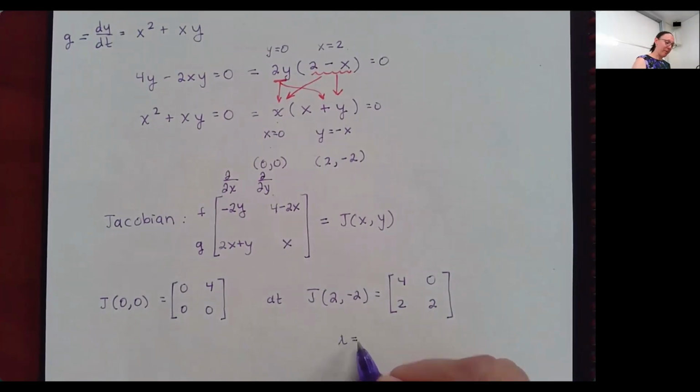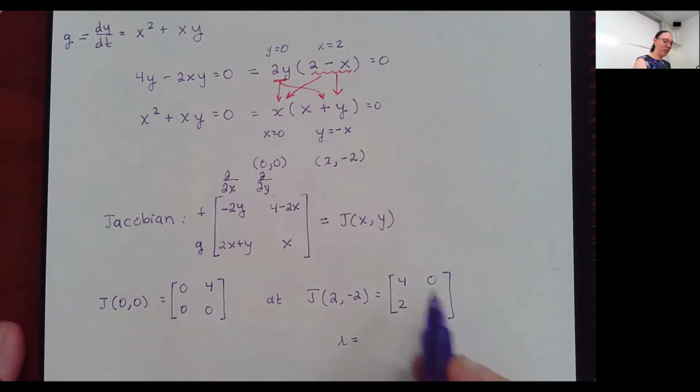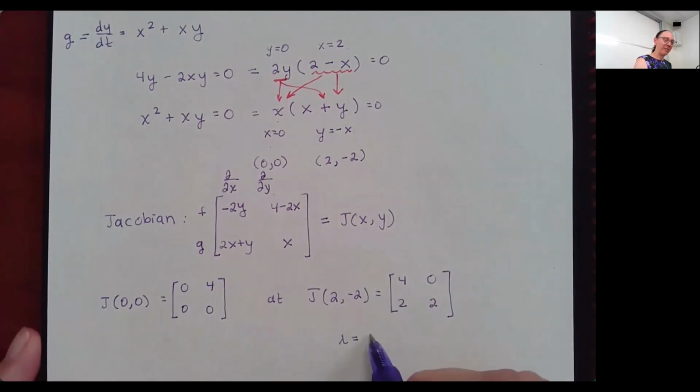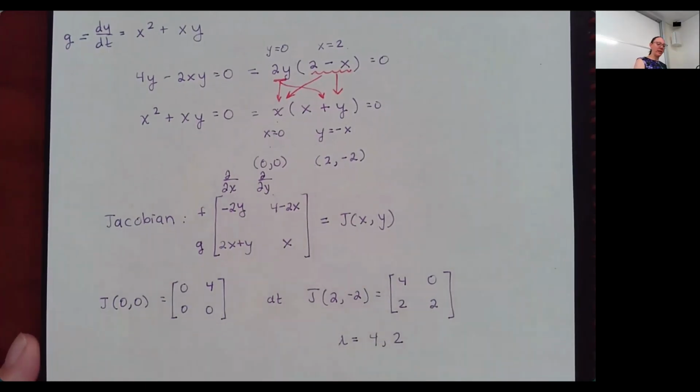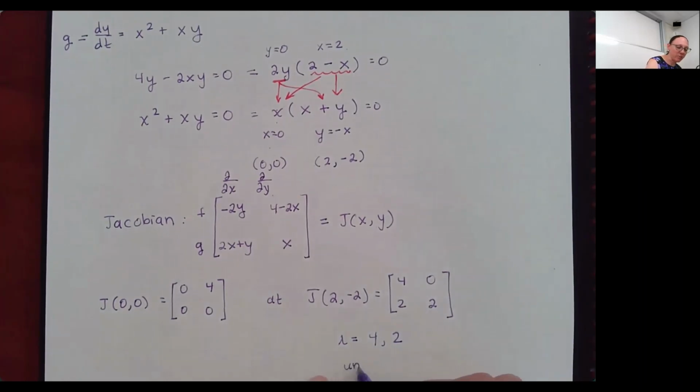So I can read off my eigenvalues from this one. My eigenvalues are going to be 4 and 2. So near the point 2, negative 2, this is going to behave like an unstable node.